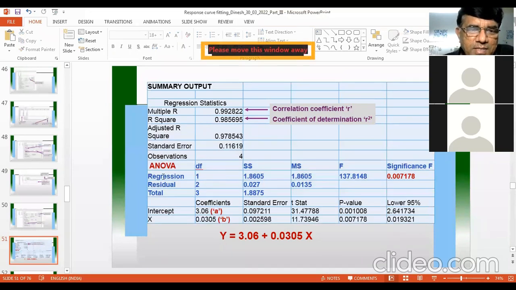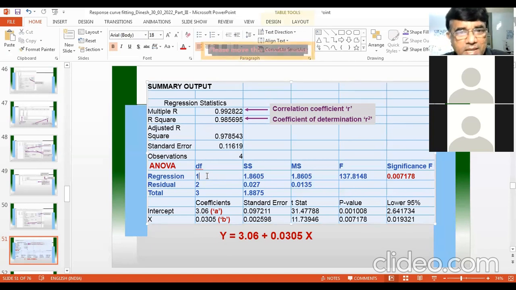Then ANOVA is also given in the results. In ANOVA, you can see regression. Because we did it for linear regression, not quadratic, and linear because there are two variables, one is X, other is Y. There is no X square here. If you put one more variable X square, then it becomes quadratic. Now you see regression degree of freedom is 1.